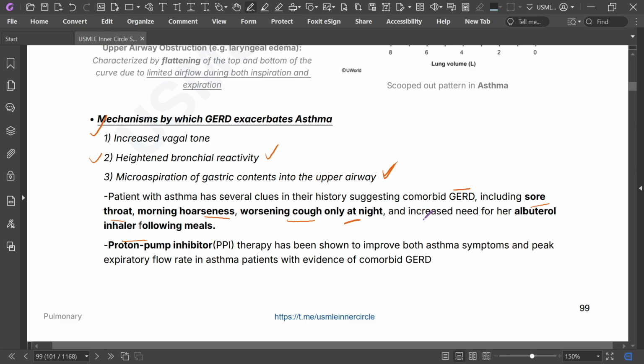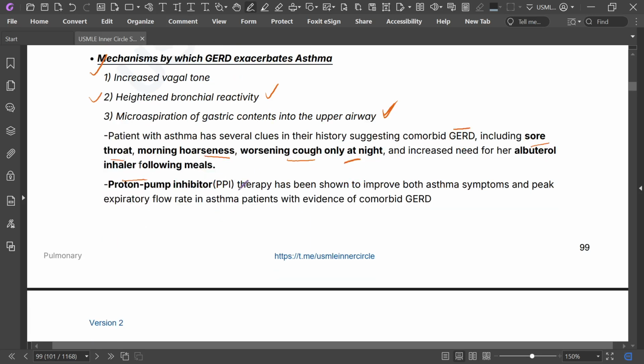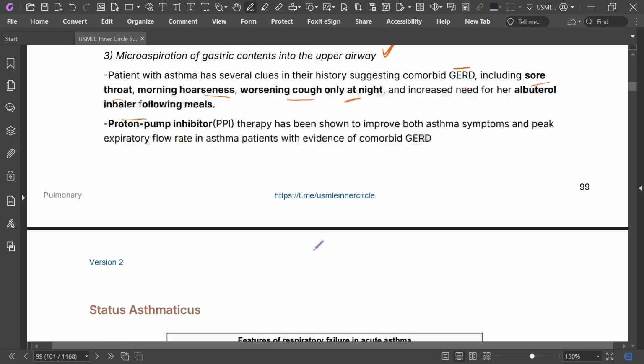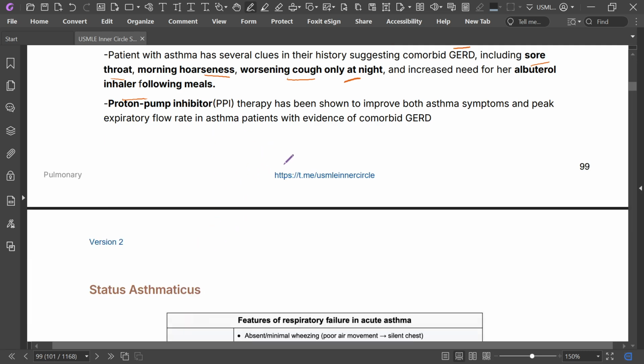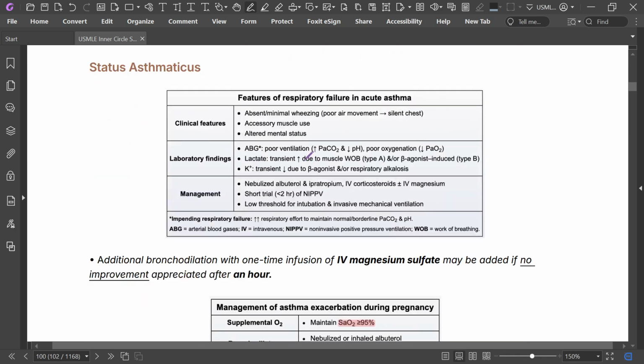PPI therapy has been shown to improve asthma symptoms and peak expiratory flow rate in asthma patients with evidence of comorbid GERD.